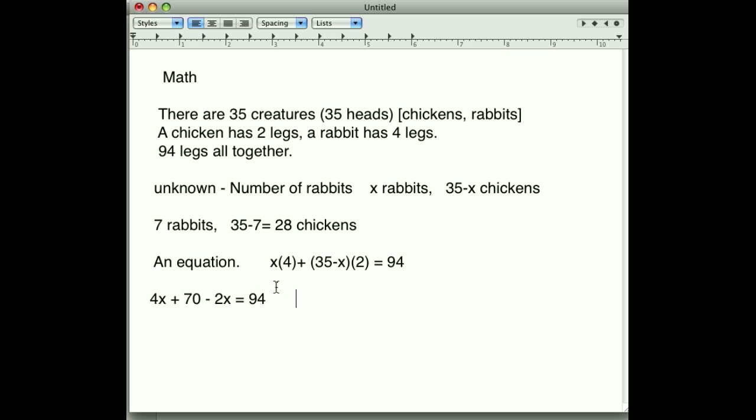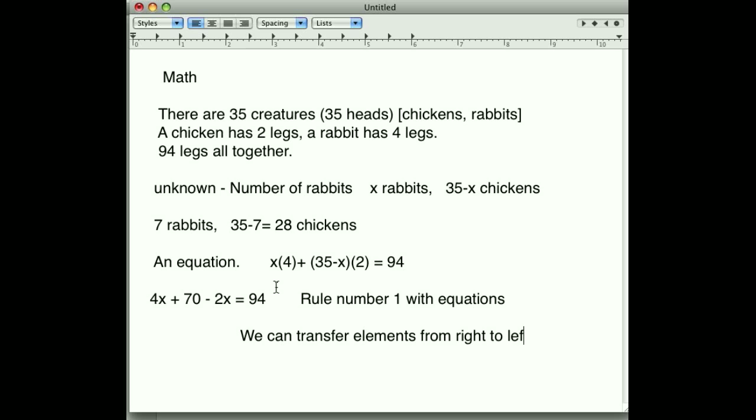Now, the rule number 1 with equations is that we can transfer elements or terms from right to left or left to right, but when we transfer, the sign changes.